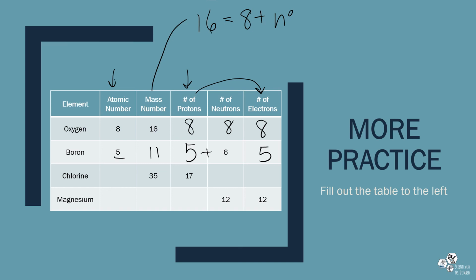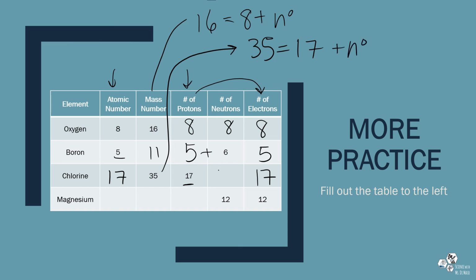Now in this case, I don't know my atomic number either, but I know my number of protons. So because of that, I know my number of electrons and I know my atomic number. So 35 is our mass number, which is just equal to the number of protons plus the number of neutrons. Do that math, you get 18 neutrons.